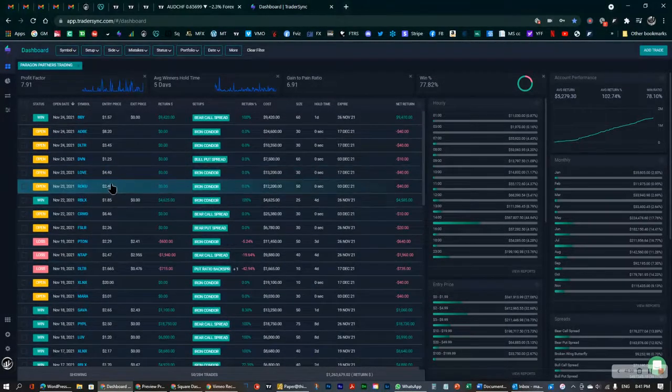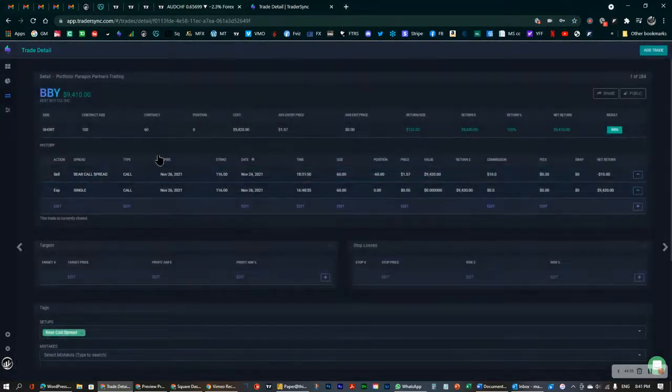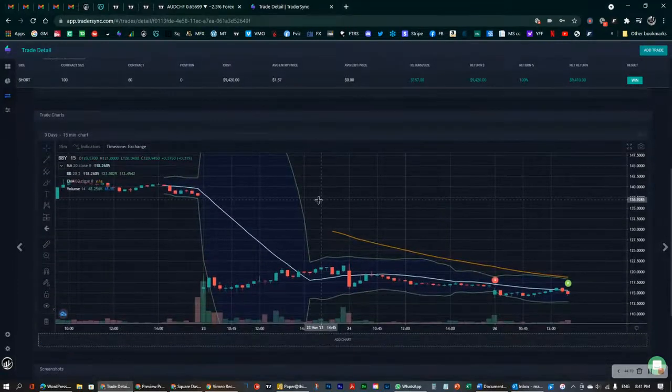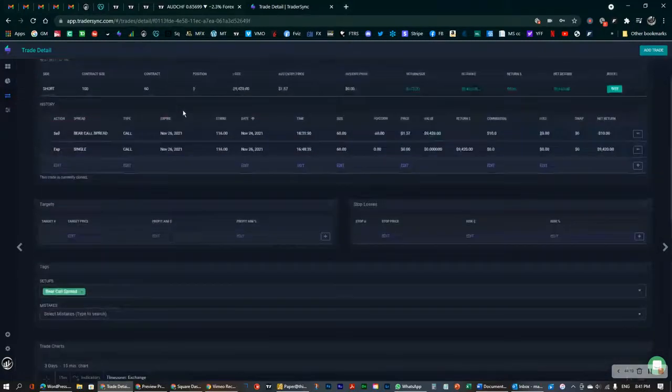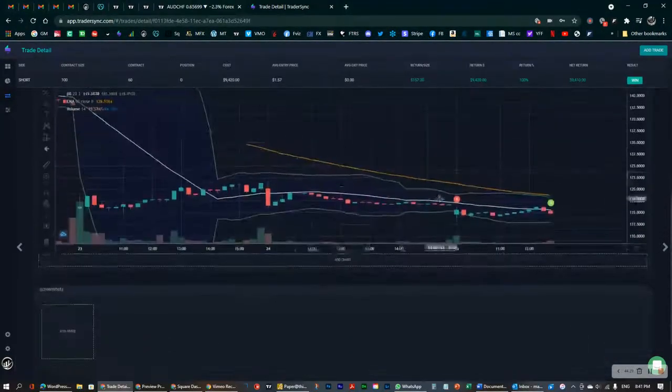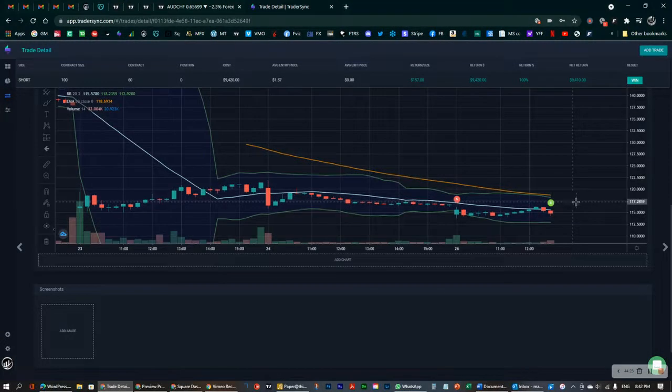I love not having to enter my trades anymore because it's attached to my broker. So if I go in here, it's got the chart for me, where I entered, where I got out, and this was a bear call spread, so it just had to end up below 115, so ended up 18 cents below.